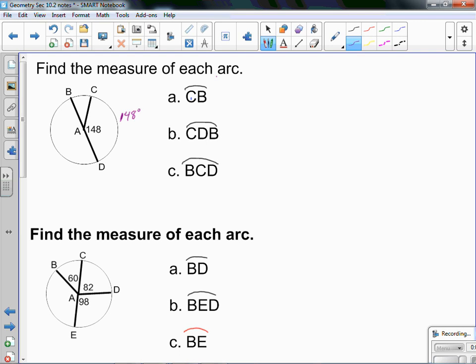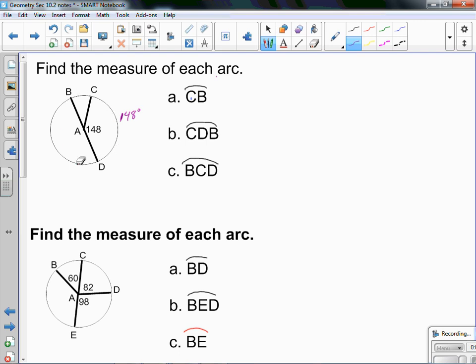So if the central angle is 148 degrees, then arc CD is 148 degrees. If we notice that this segment here, BD, is a chord going through the center of the circle, which is A, that means BD is a diameter, and a diameter splits the circle in half, right?